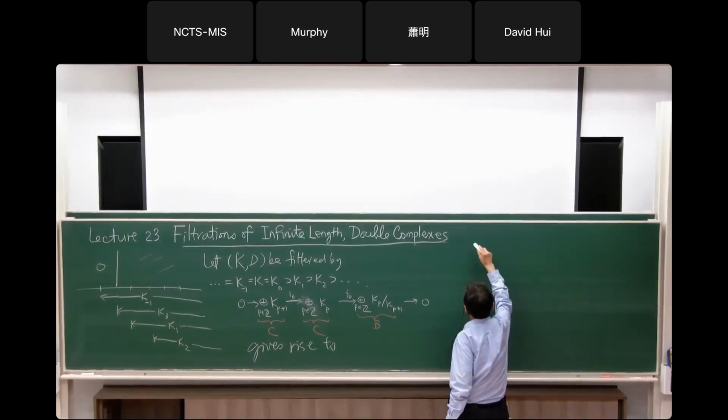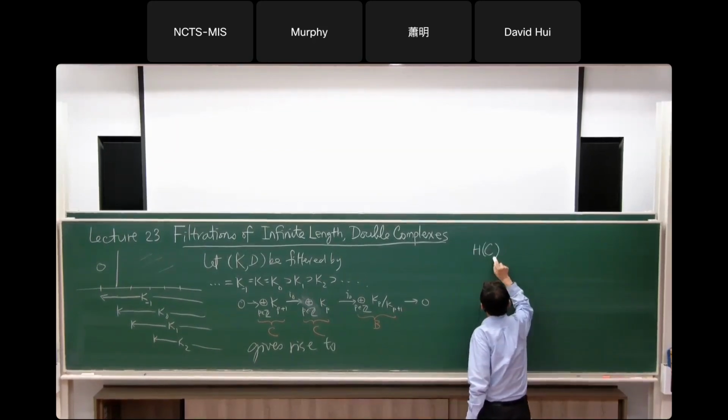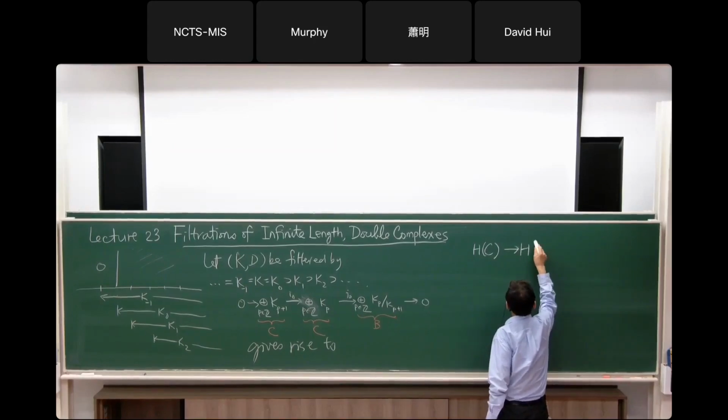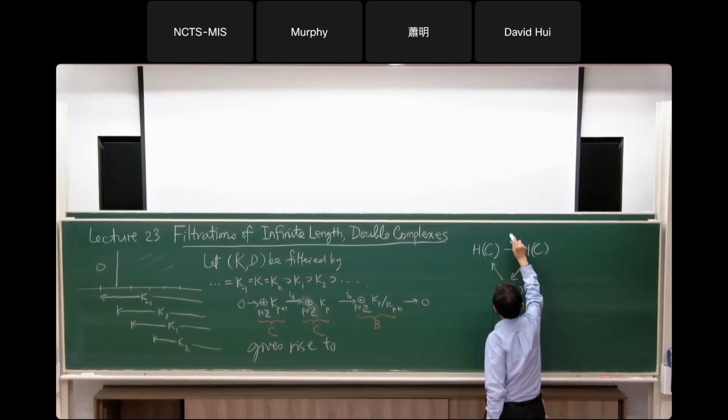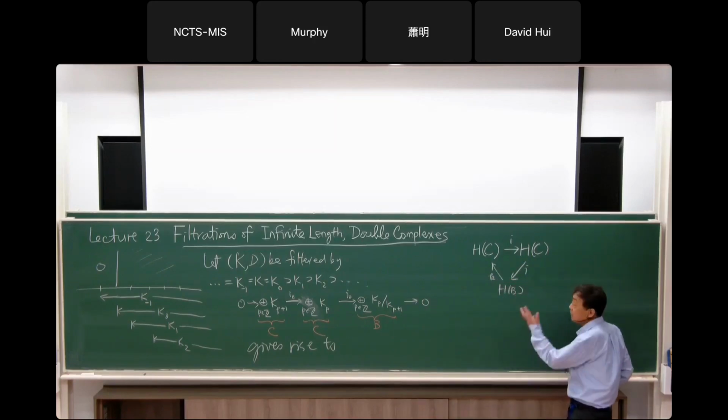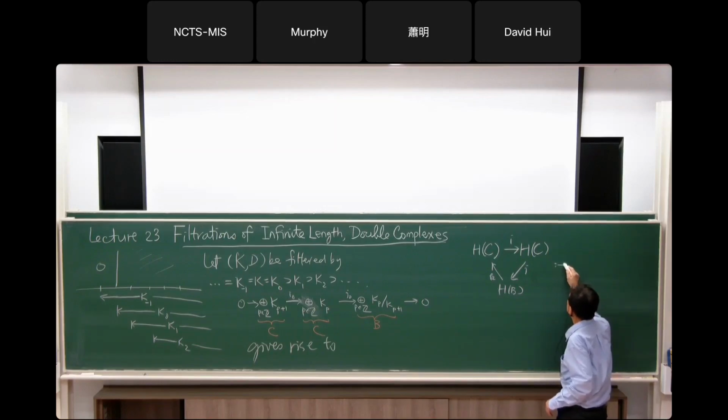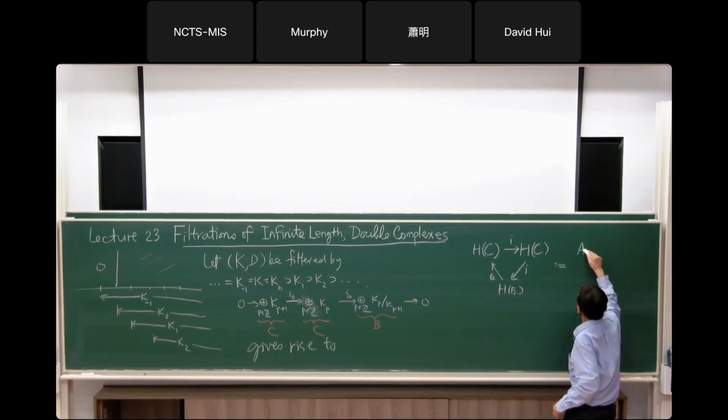So H of C maps to H of C, which maps to H of B. So this is an exact couple, and we call it A1, E1.